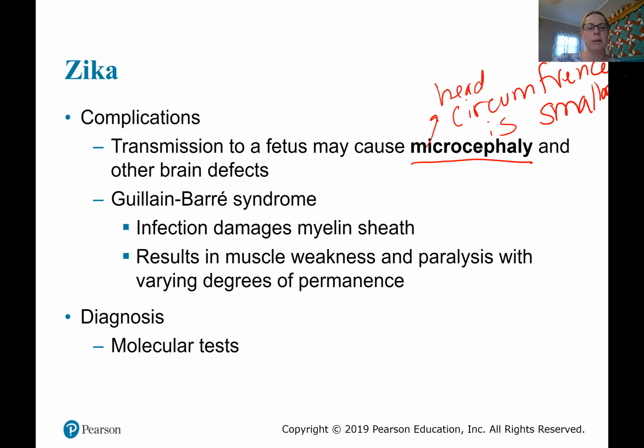And so it's a very, very scary disease for pregnant women, because you don't want your baby to have birth defects. And so it's recommended that a woman should wait for 8 weeks after infection to conceive, and a man should wait for 6 months to father a child after infection.